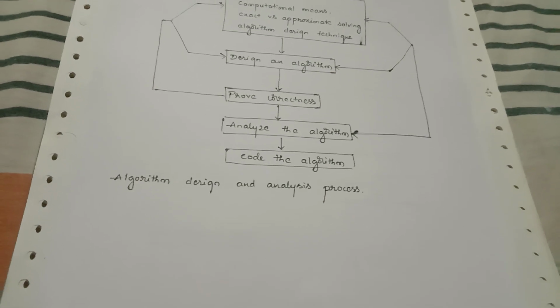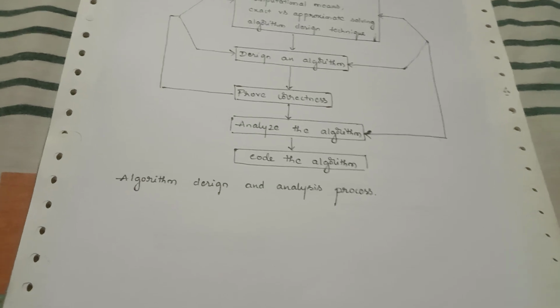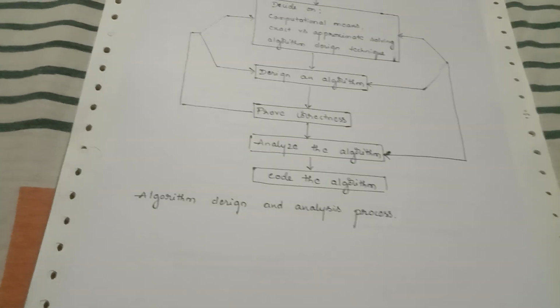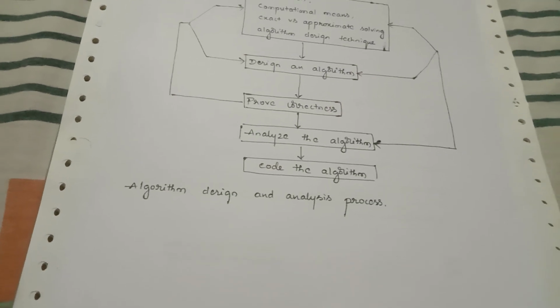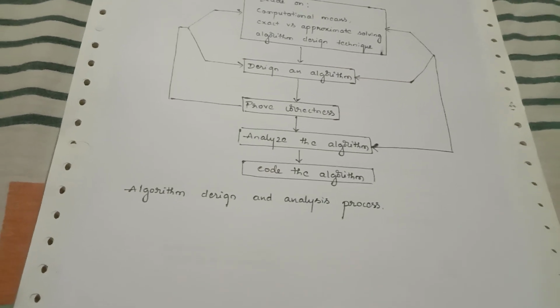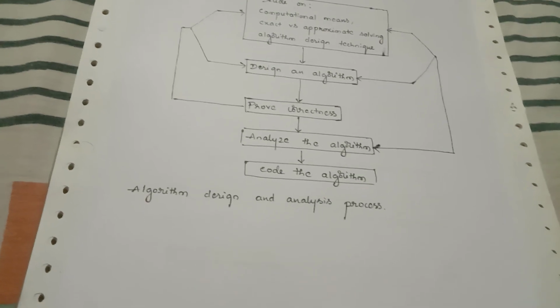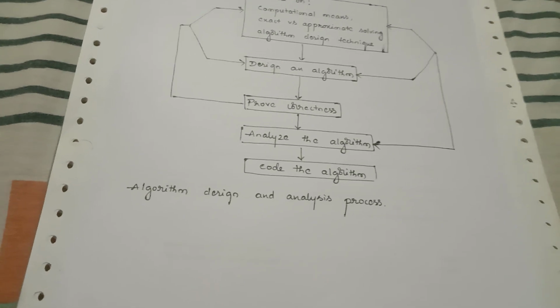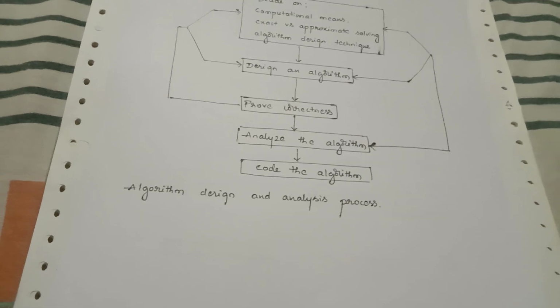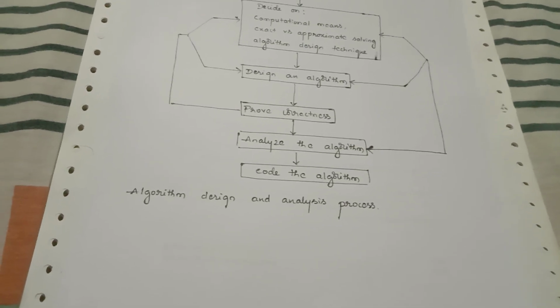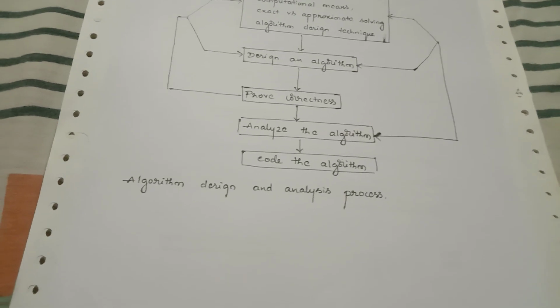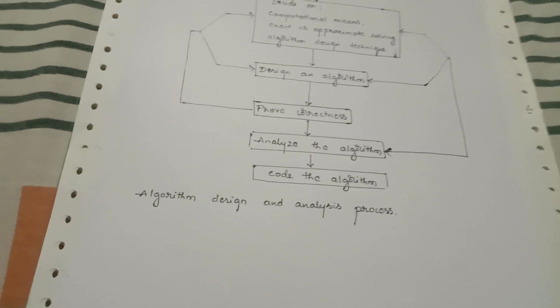The main disadvantage of the flowchart is that if the algorithm is lengthy, you cannot represent it using a flowchart. If your algorithm is very small, it is convenient to represent it using a flowchart. But among natural language, pseudocode and flowchart, pseudocode is the best for representing an algorithm.